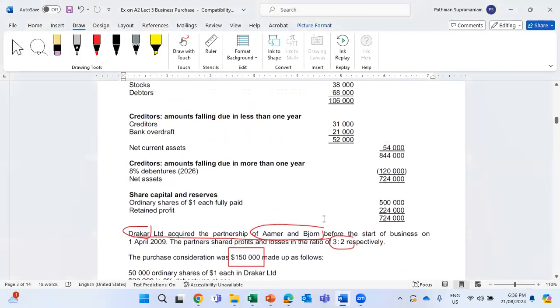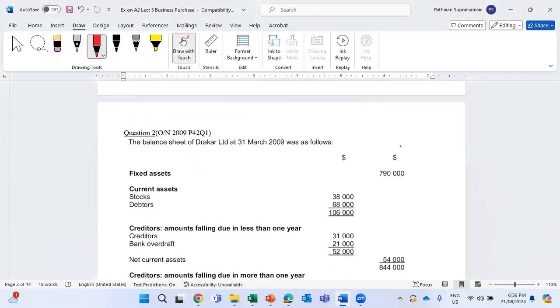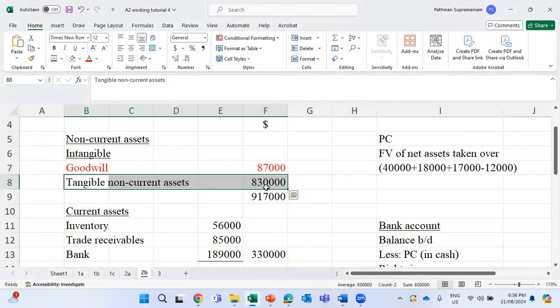If you look at the buyer's original SOFP, the non-current asset shows 790,000. But here it shows as 830,000. So there's an extra 40,000 coming in.